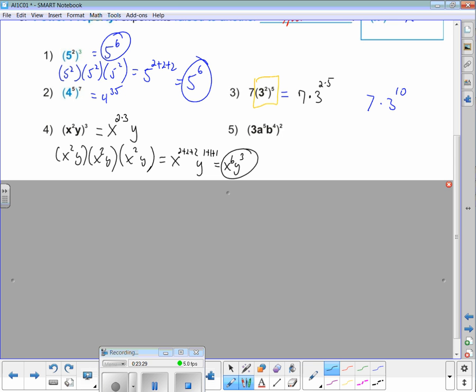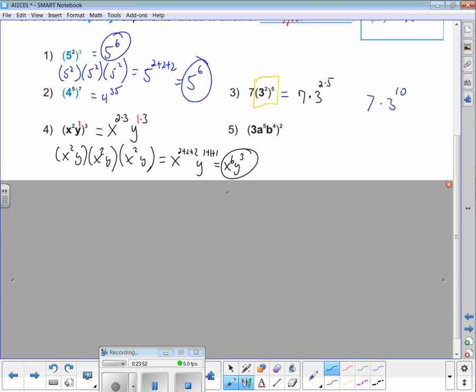How do you get y cubed using the rule? Ileana? The exponent for the y is a 1. It's not shown. They expect you to know that. And you have to apply that rule to that 1 exponent as well.